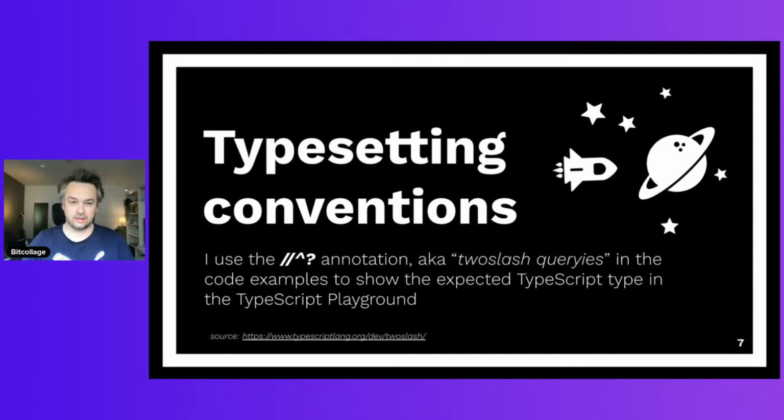In the slides and code examples, I'm using the twoslash conventions. Maybe you heard about that. When you use //? with the caret and then the question mark in your code, then in the TypeScript playground, you will see the type from the compiler. These are called twoslash queries. This is what I will use in all the examples.